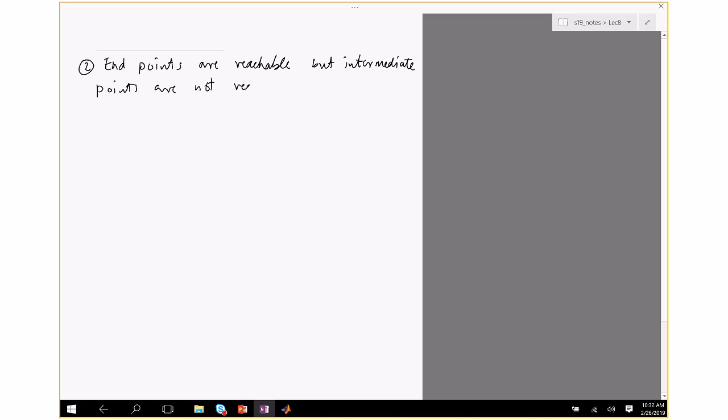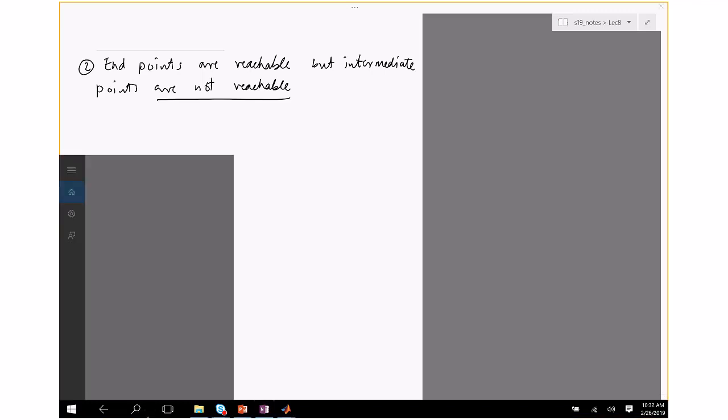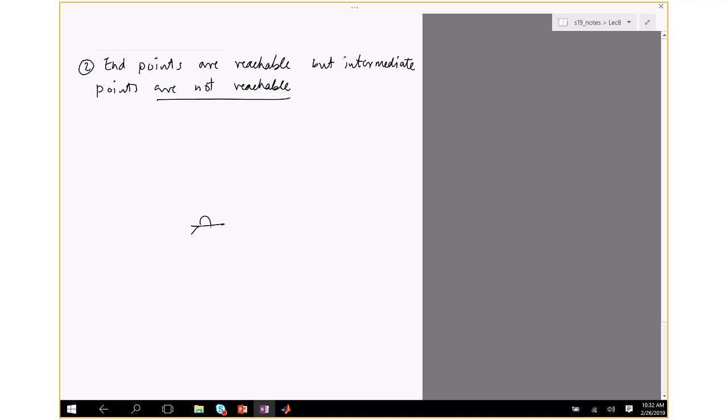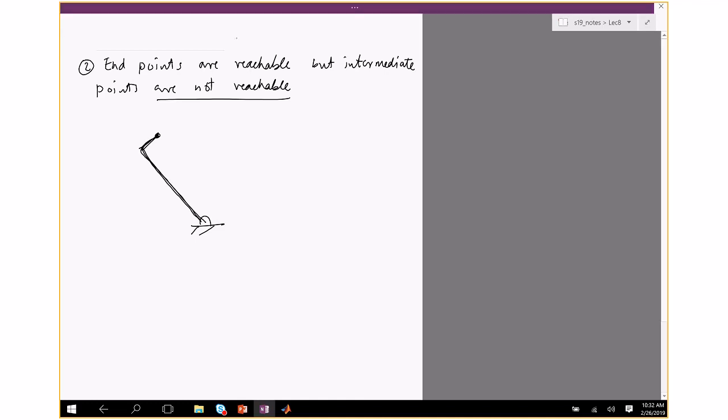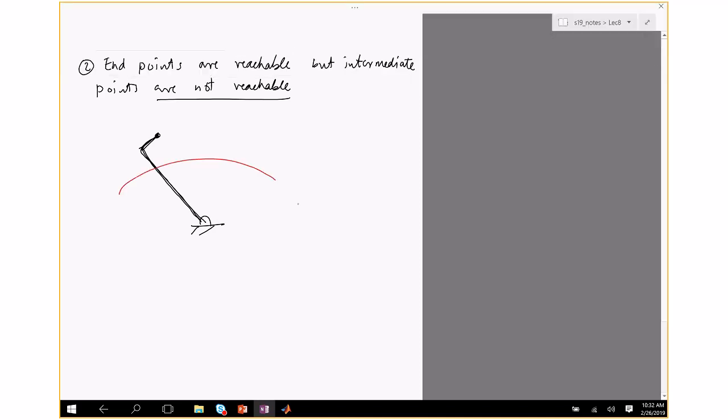When does that happen? Here is an example where you have a manipulator like this. It's a two-link manipulator, a planar manipulator. The workspace is basically going to be an annulus like this.